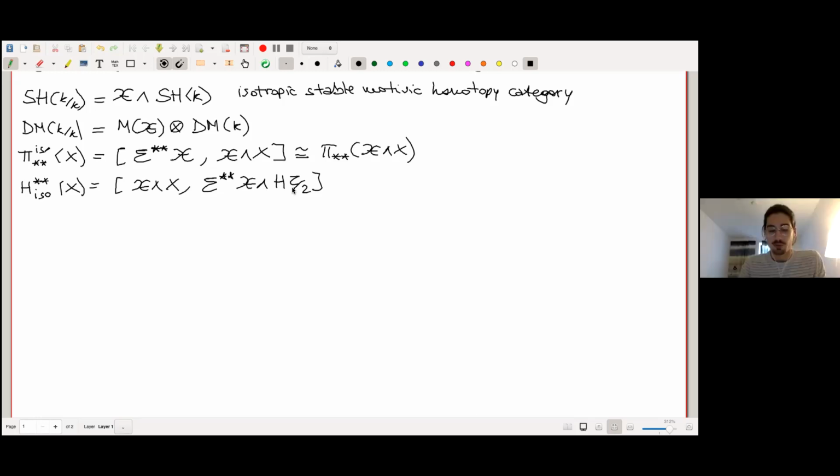The adjointness is restricted to these isotropic subcategories.